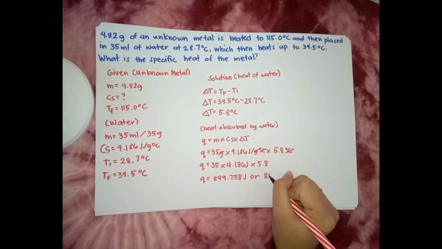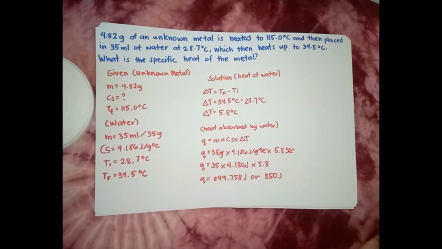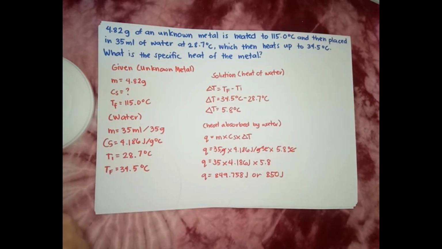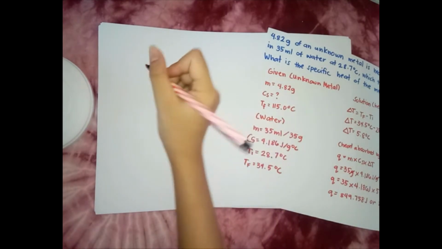Note that this is the heat absorbed by the water, so this is also the heat released by the unknown metal. So now that we have solved for the heat absorbed by the water, we're going to put this aside for us to finally solve for the temperature change of the unknown metal.